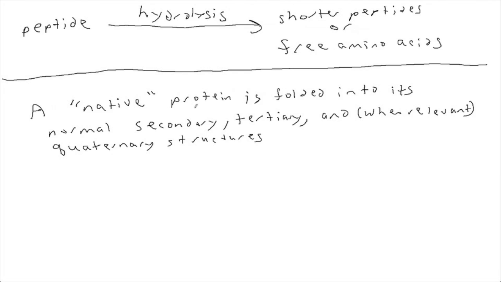A native protein has its normal folding. I said when relevant because remember, not all proteins have quaternary structures.